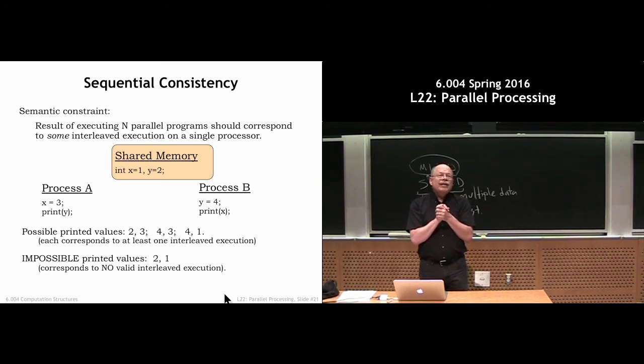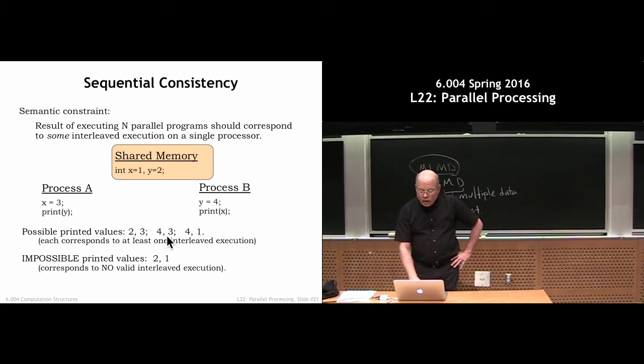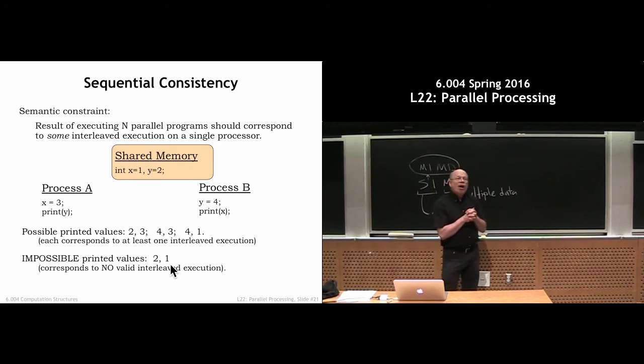Sequential consistency is a so-called strong consistency criterion. The possible values of 2 and 3, 4 and 3, and 4 and 1 correspond to at least some interleaved execution. This answer, 2 and 1, is just wrong by any standard we just established. It is inconsistent with sequential consistency.